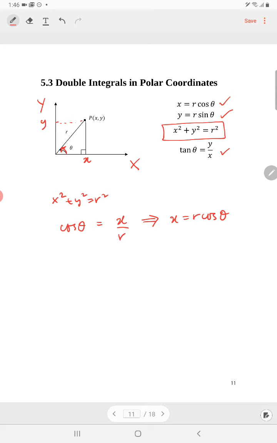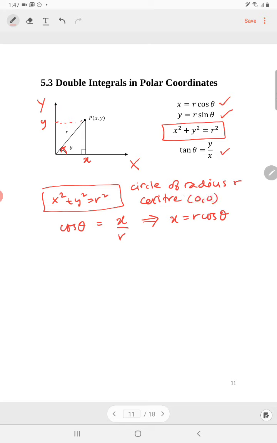And as most of you know, this is really an equation of a circle of radius r, and the center of the circle is at the origin 0, 0.